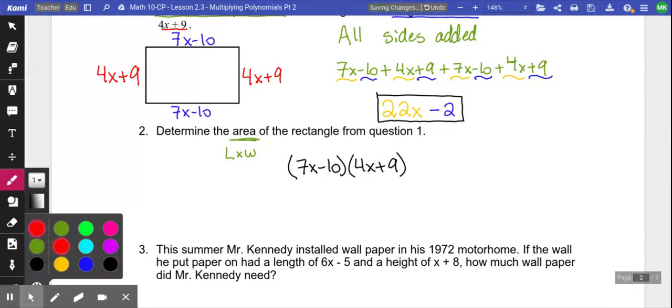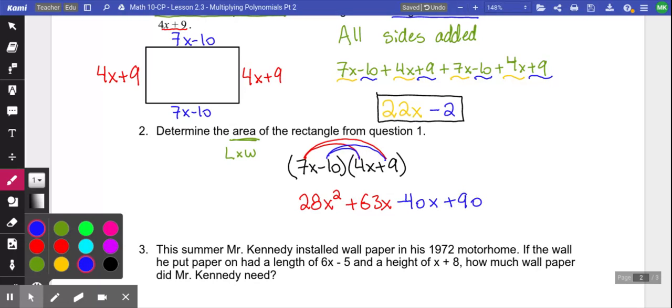If you do distribution, 7x times 4 is 28x squared. 7x times 9 is plus 63x. Negative 10 times 4 is negative 40x. Negative 10 times 9 is positive 90. Oh, sorry, negative 90.